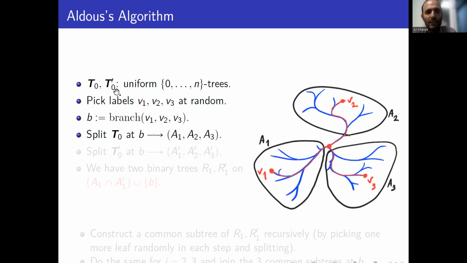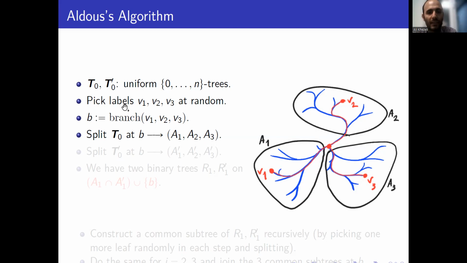So recall that the input of the algorithm are two trees with leaf set 0 to n. Here there are n plus 1 leaves for convenience. And the trees are chosen randomly, but in the next parts of the algorithm, we have no randomness. Now, sorry, there is some randomness, but the algorithm makes sense for non-random trees as well.